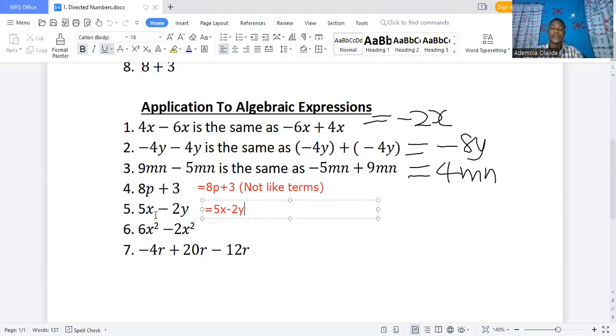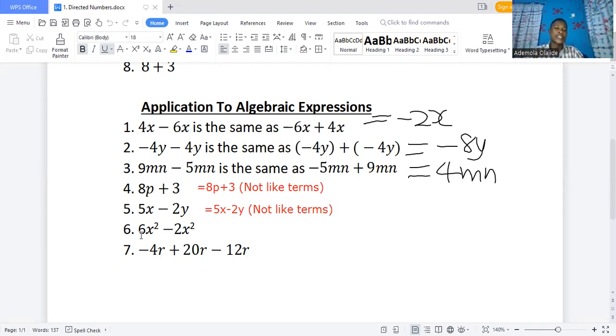And again, if the letters are even the same, but the power of the letter is not the same, you can still not do anything about it. For you to add two letters, they must be the same letter and the same power. So like here, this one is still 5x minus 2y, because they are not like terms, so it cannot be simplified further.